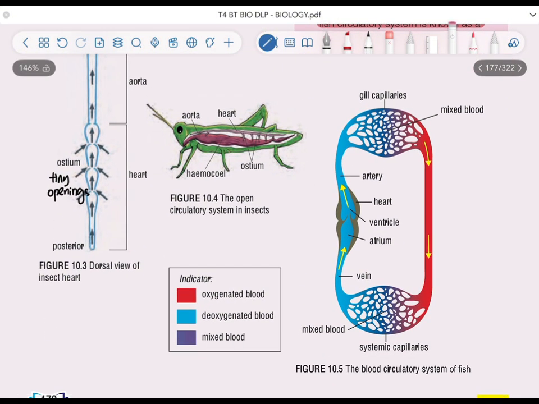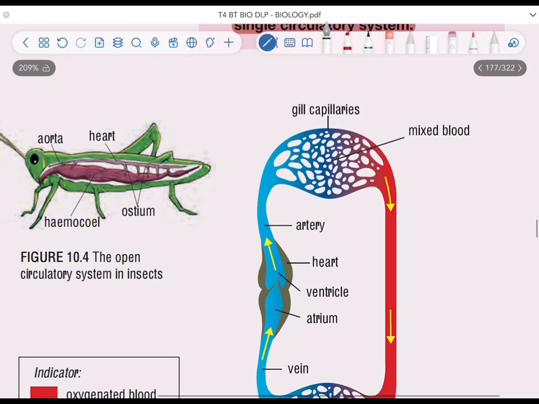Meanwhile, this diagram is the blood circulatory system of fish. This is the heart, and this is the oxygenated blood. After that it goes to the gill capillary where the gas exchange occurs.